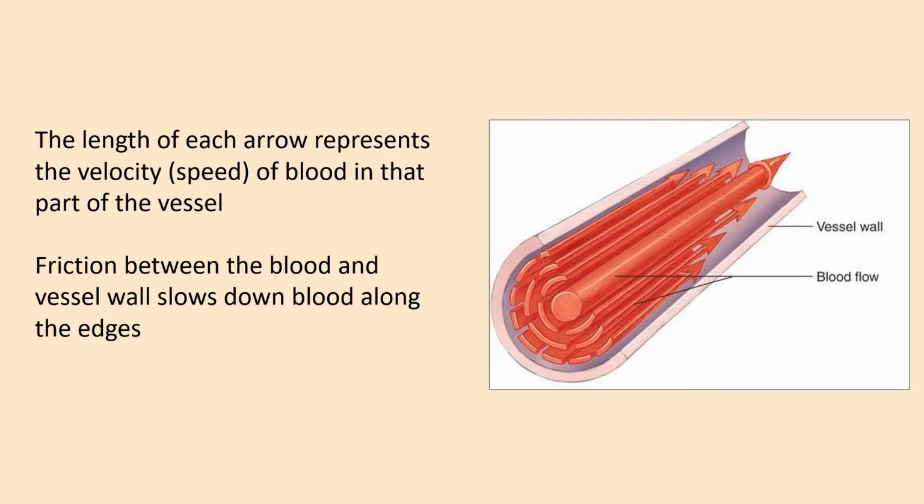It's not going to be slowed down by friction against the wall of the tube, and that's known as laminar flow. But as we move away from the center and we approach the edges of the tube, notice that the arrows get shorter and shorter and shorter. The closer that blood is to the edge of that tube, the more it will be slowed down by friction.